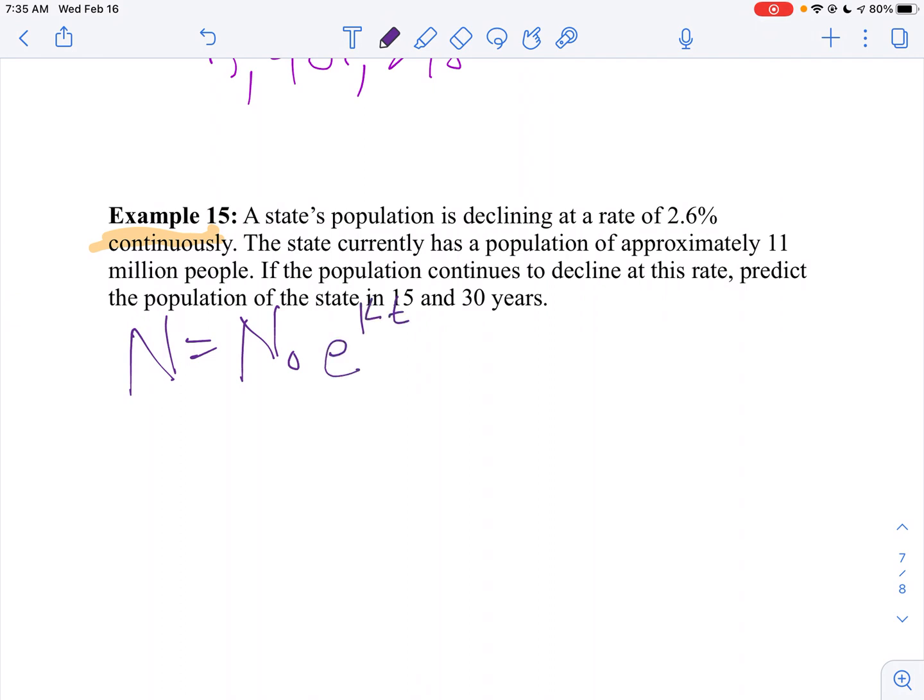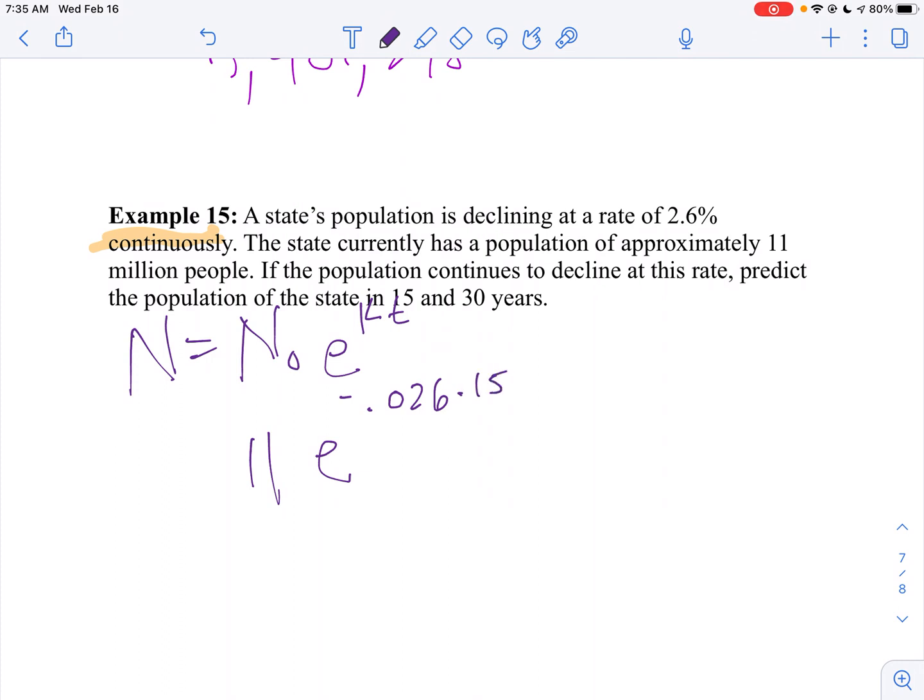In this problem, since it's declining, my k is negative. So I'm going to start with 11 million, times e raised to the negative 0.026 times 15, because t is 15.